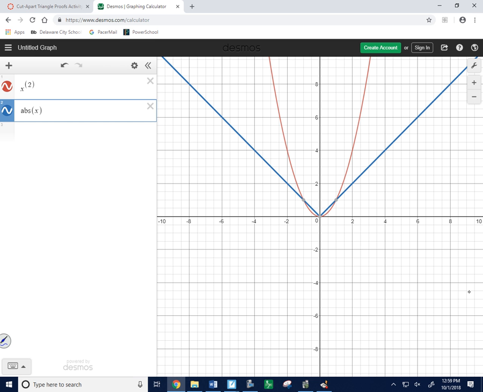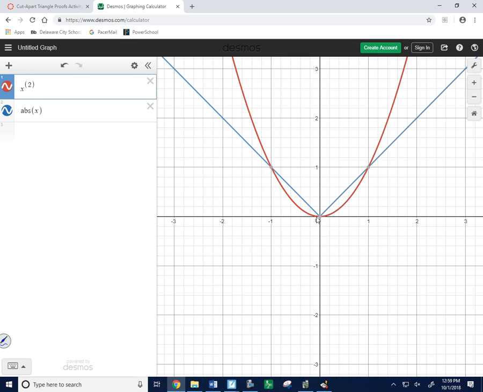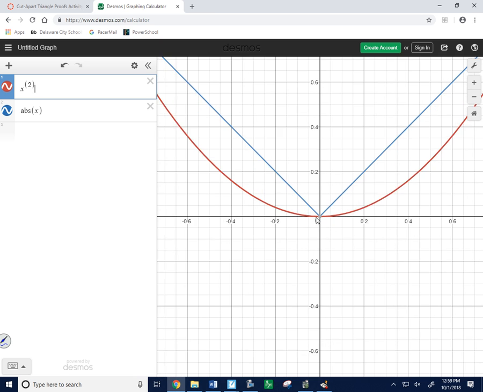Okay, there's x squared and absolute value of x. And here, I want you to watch what happens as I zoom in at 0, because we know 0 is the problem point for absolute value. So I'm going to zoom in at x equals 0, and we can see what happens.